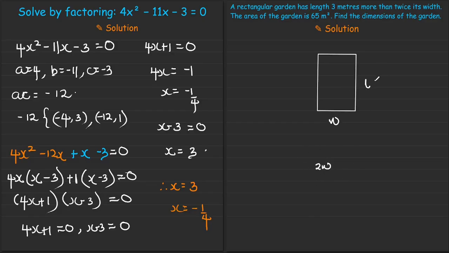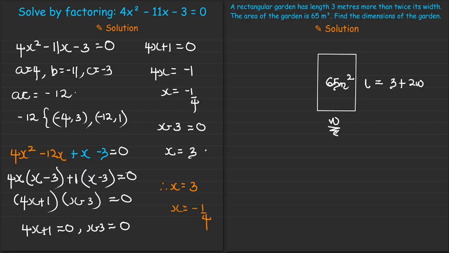But this length we are talking about, they are saying it is 3 meters more. So 3 meters more than twice the width. This is what it means. You see? And it says the area of the garden is 65 meters squared. So this whole area is 65 meters squared. Hence, we have to find the dimensions of the garden.